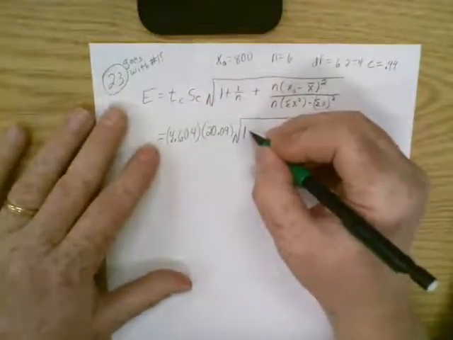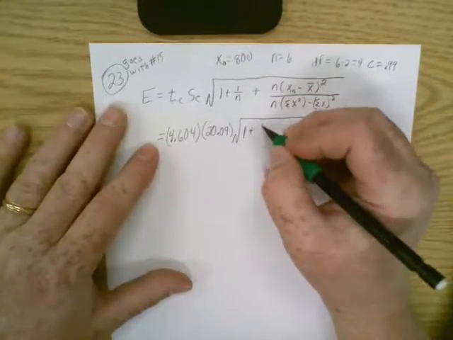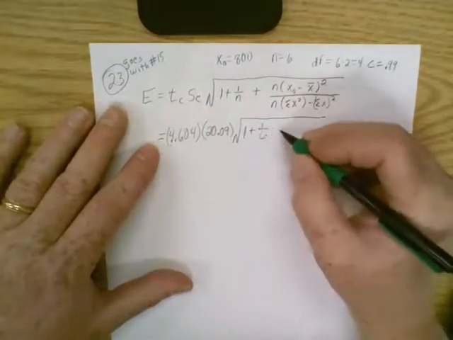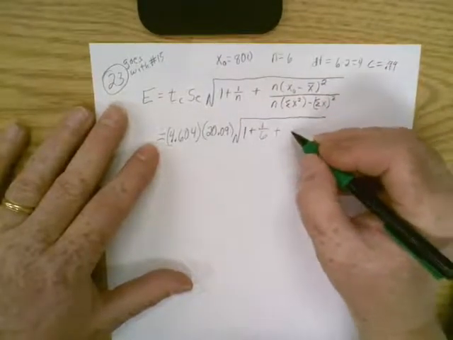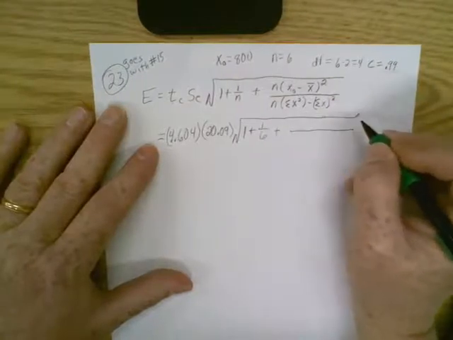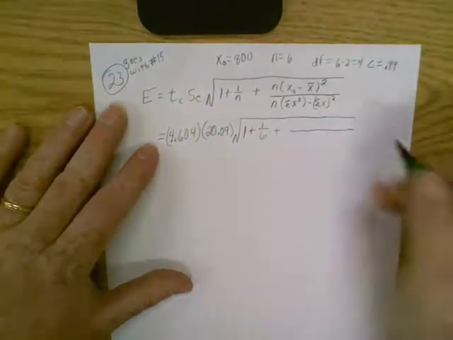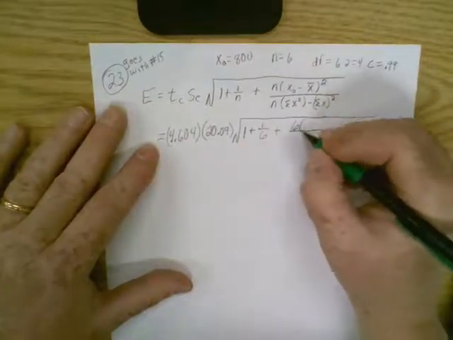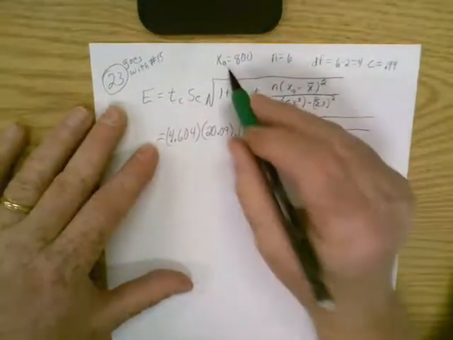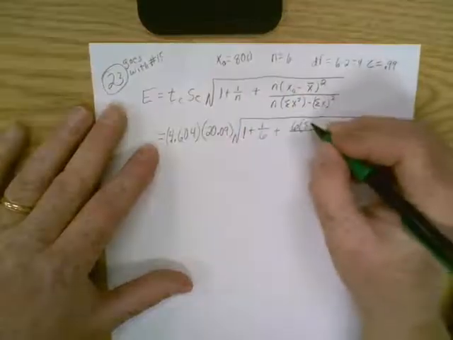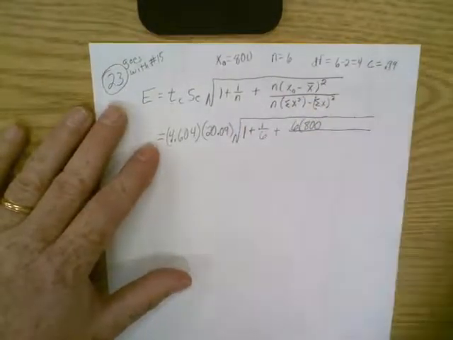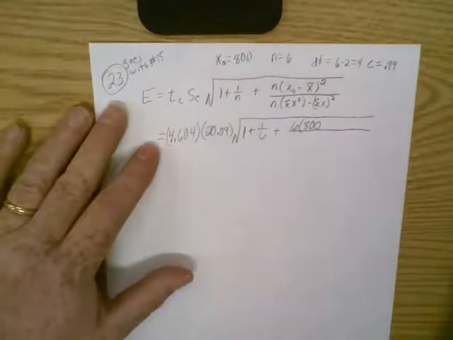We got 1, that stays the same. 1 over n. N this time was 6. Plus on top, we got n, which is 6, times x sub 0, which is 800. Now these other three numbers we're going to get from our calculator.